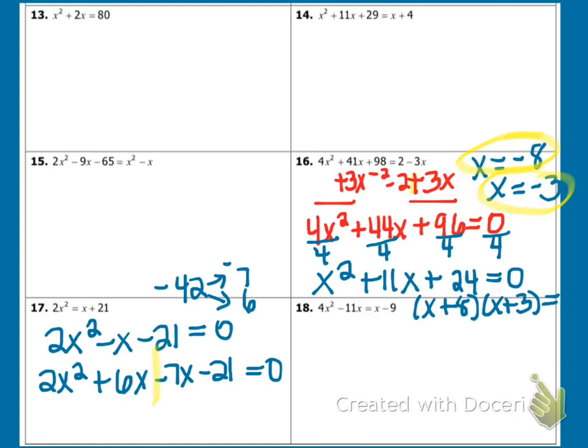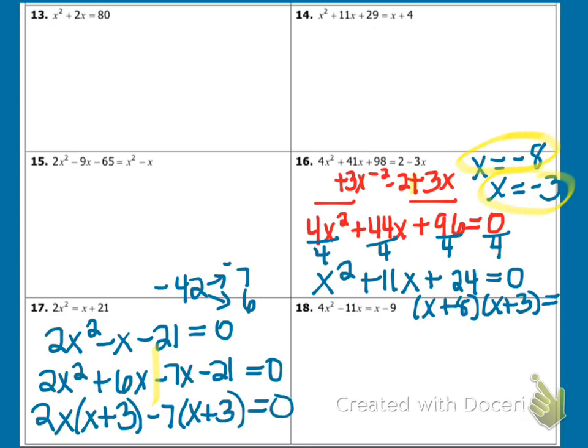and out of the first pair I can take a 2 and an x, leaving me with x plus 3, and out of the second pair a minus 7, leaving me again with x plus 3. And finally I just have to get my factored form, and that would be 2x minus 7 and x plus 3.